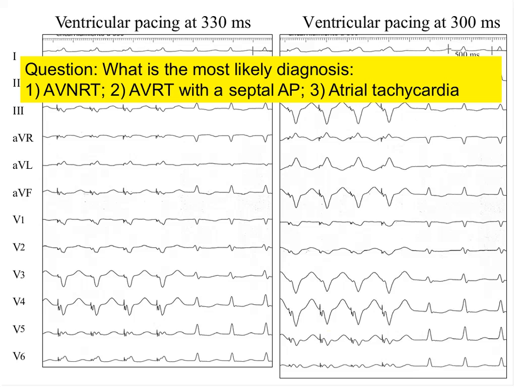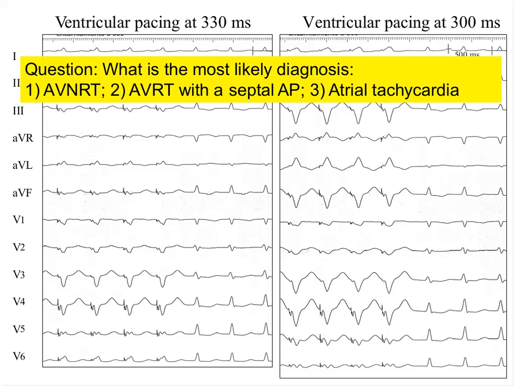Sometimes you need to pace 10 milliseconds less than the tachycardia cycle length to be able to elicit this maneuver. And it's sometimes easier to be seen with resetting, with a single ventricular stimulus. It may be easier to be elicited than with straight pacing.